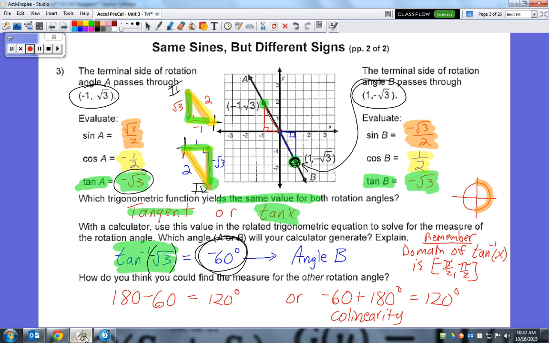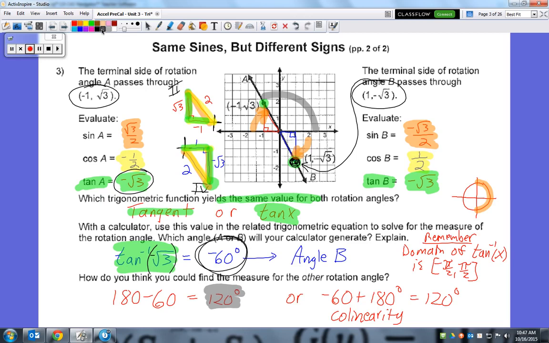The other one would be, well, since this is negative 60, let's figure this out unit circle wise. We know this would be 60 because reference triangles, they're both 60. So 180 minus that 60 would yield that this angle here is going to be 120, which is what you see already written down.